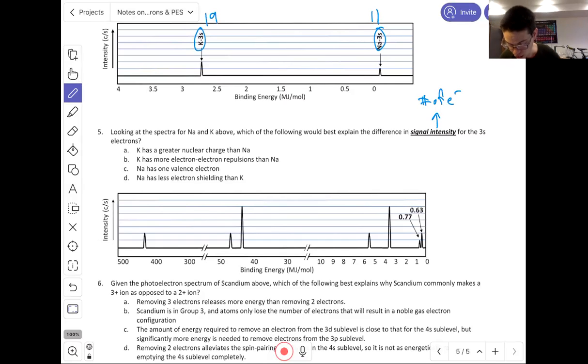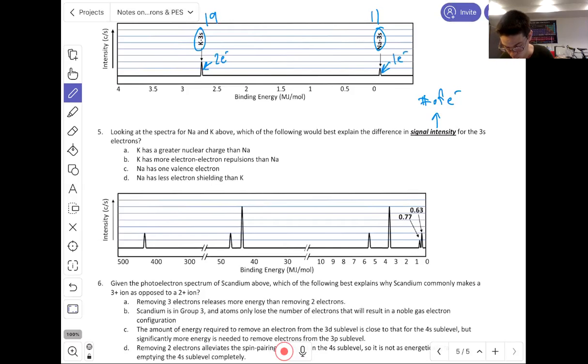So if I look at these peaks, how many electrons are in the 3s peak for potassium? That little peak represents how many electrons? 2. And this little peak represents how many electrons? 1.